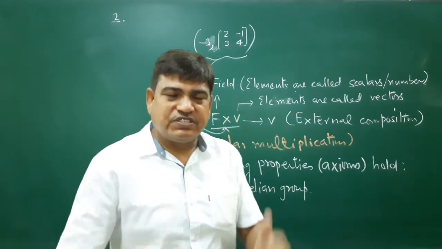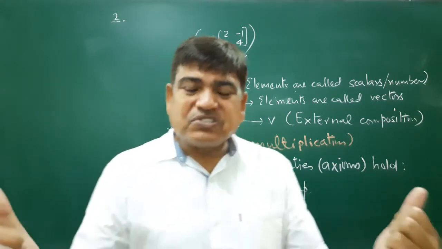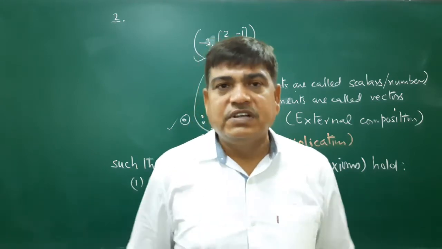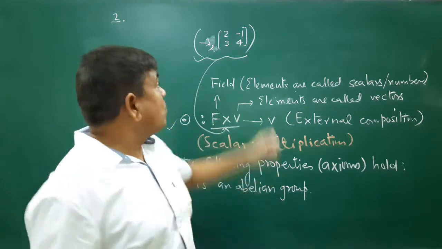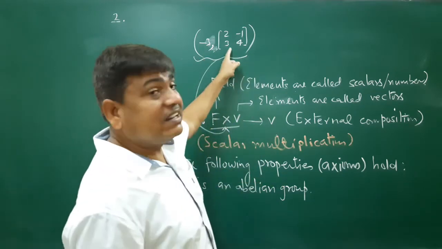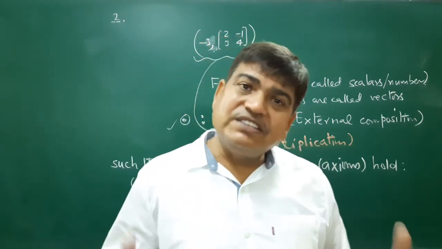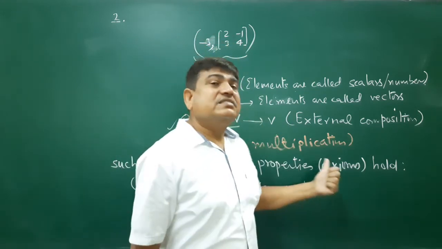That means input, because the binary composition is a function. So it looks like a device, that means a machine: input, output. What is the input? Input is this. Which type of input do we have? One is a number and the other is a vector, and here the vector is taken as a matrix, for example. What is the rule? The multiplication. Which type of multiplication? Scalar multiplication.